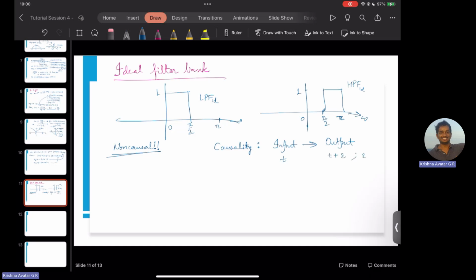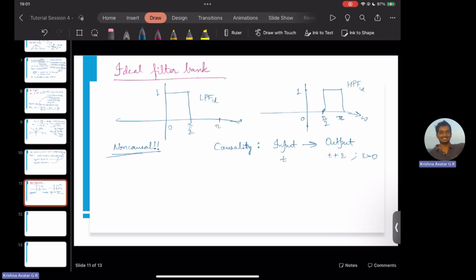So in the sense that epsilon is greater than 0. It should happen like that. If the system does not have this causality principle, then this is a very fundamental violation of what we call the action-reaction principle, right?